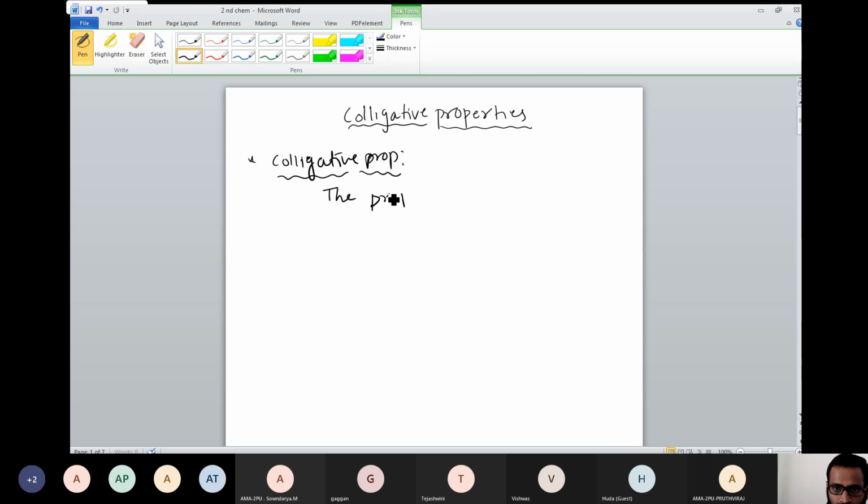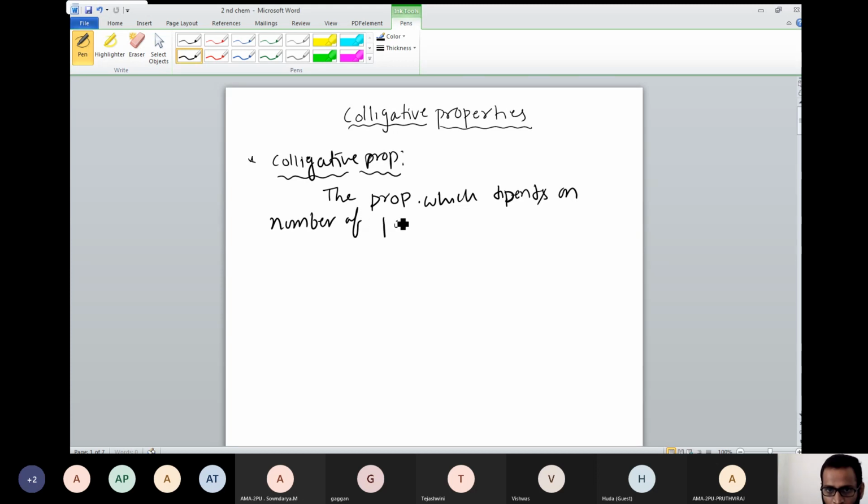The property which depends on quantity of matter, otherwise number of particles.